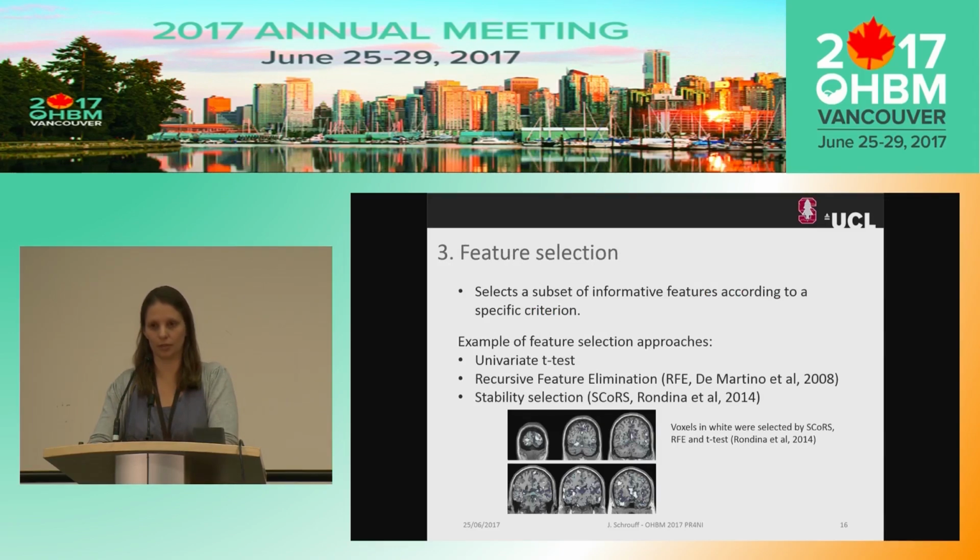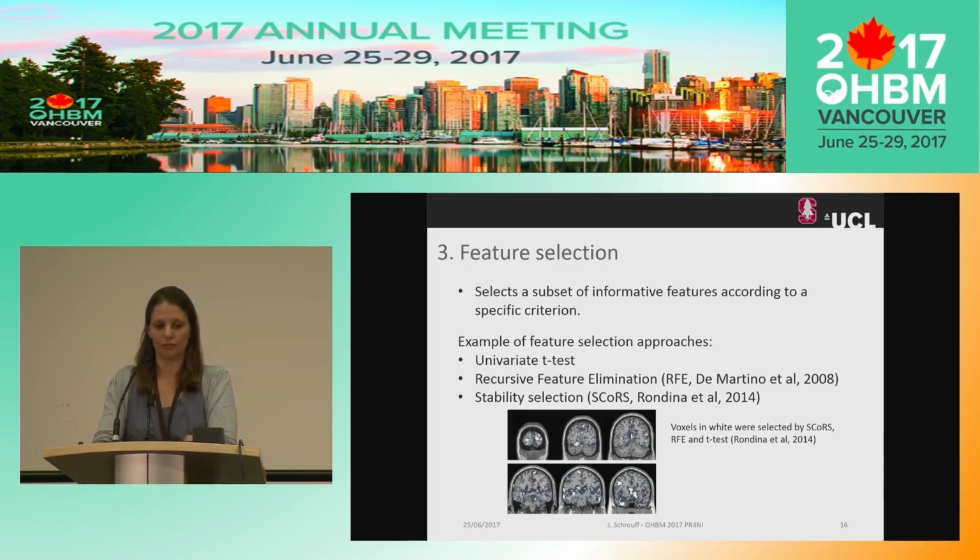So now we're getting to what we can do during model estimation. The first thing we can do is feature selection in a nested cross-validation. We try to select a subset of informative features based on a data-driven criterion. There are different criteria that can be used. It can be a simple univariate t-test.